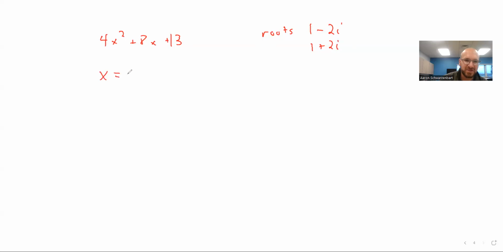So x equals negative b, that's negative 8, plus or minus the square root of b squared. 8 squared is 64. Minus 4 times a, which is 4 times 13, all over 2 times 4. Okay, let me grab a calculator because I don't know 16 times 13.